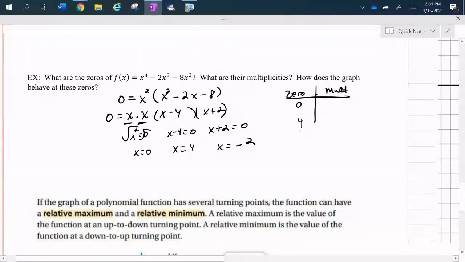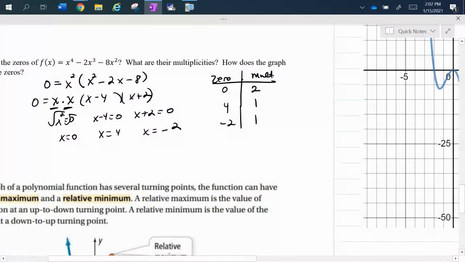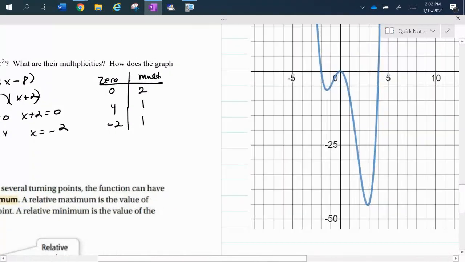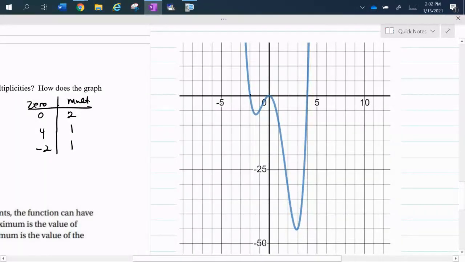So 0, 4, and -2. 0 has a multiplicity of 2 because the repeated linear factor causes it to be like that. And then the other two have a multiplicity of 1. So if we look at the graph, we notice that -2 and 4 go through the x-axis, 0 touches it and just goes back down.